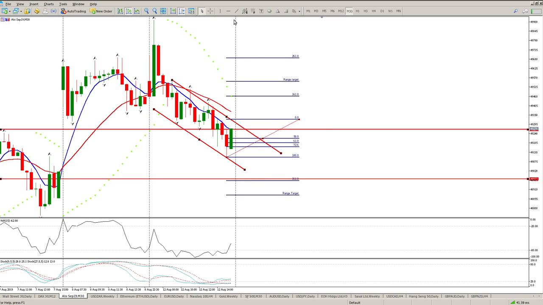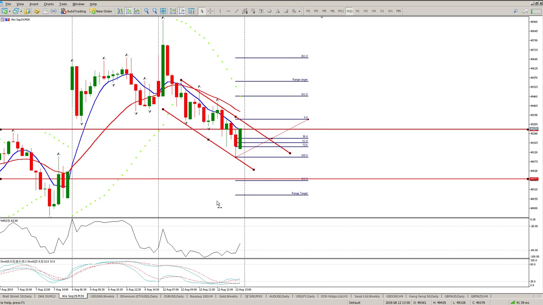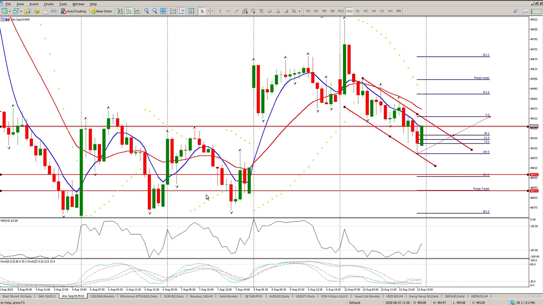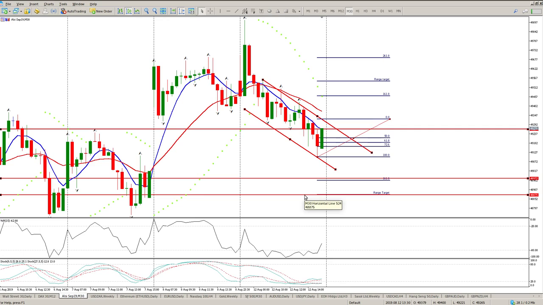You can see the range target is pretty close to the bottom of the range. So target to the downside would be 48,875. If by some miracle we break to the upside, then you're probably expecting 49,552 as a target.